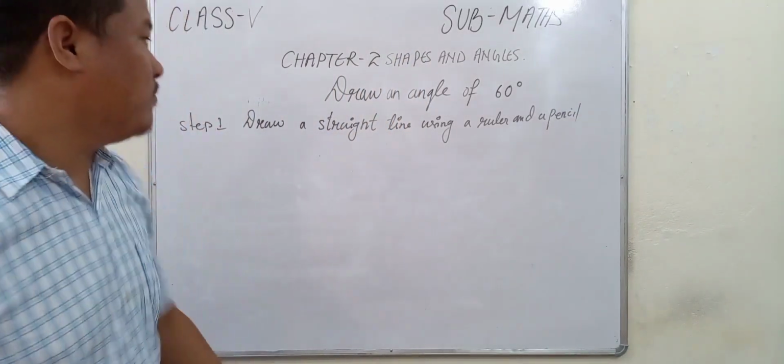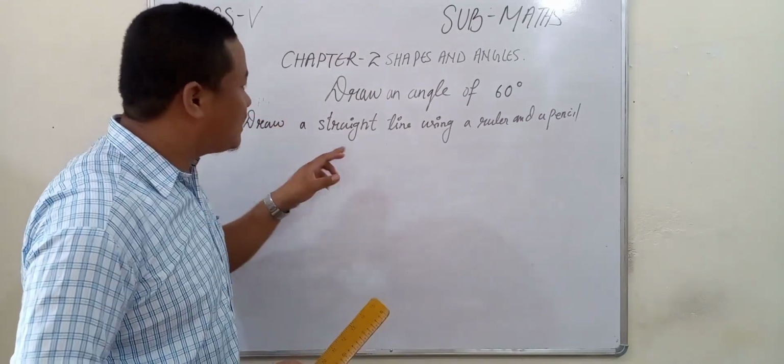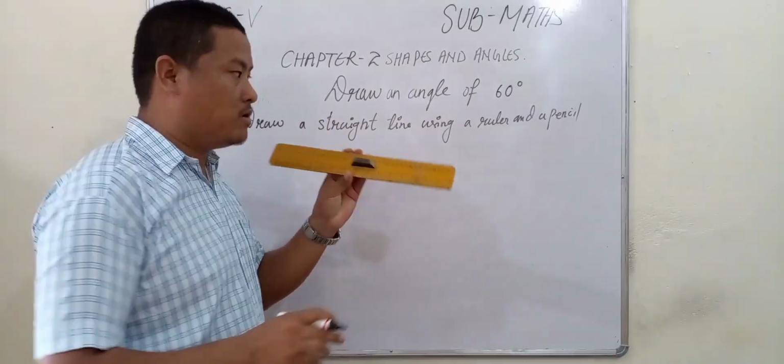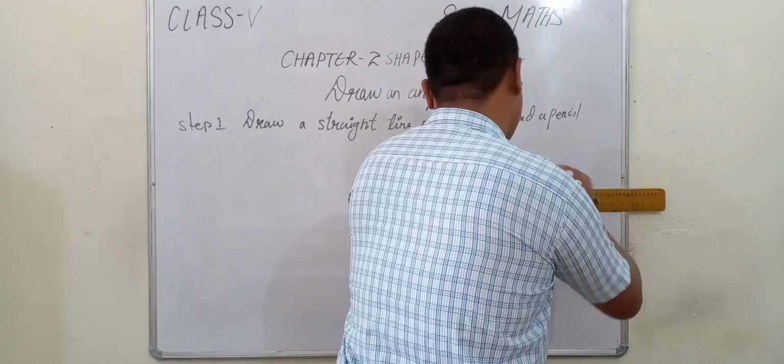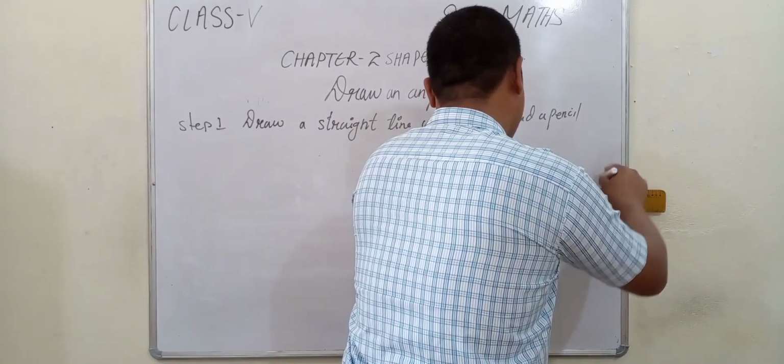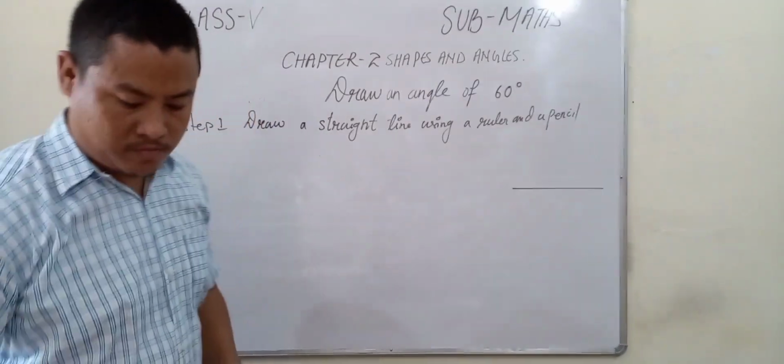So first step, we have to draw a straight line using a ruler. This is our first step.